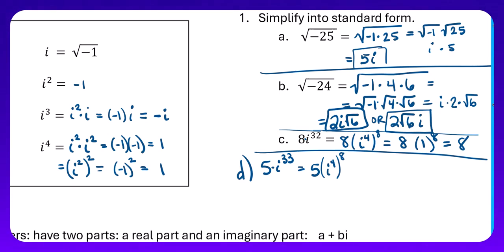But I have one more i that I need, so that'll go here. Because this is not enough, right? That's only i to the 32. So this is 5 times 1 to the power of 8 times i. Well, when I clean that all up, I get 5i. And I would much rather see 5i than 5i to the 33. So there's that.